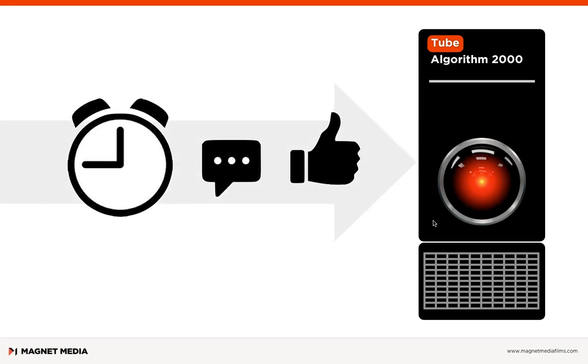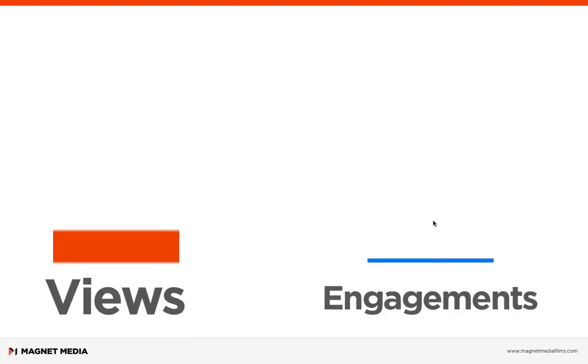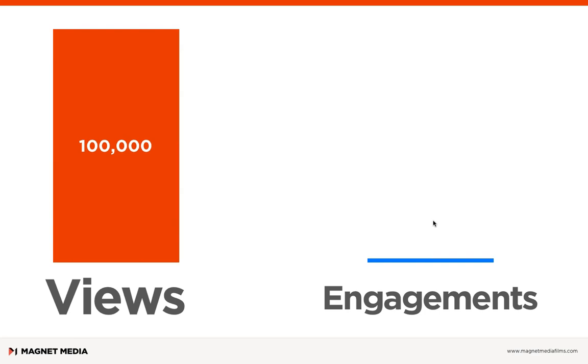So now with these things incorporated into the algorithm, it makes some of these lower quality or fake views a lot easier to spot. Because now you can really see a video that has a lot of views, but perhaps a small amount of engagement. It's easy to spot these videos and, of course, not rank them as well in the important areas of YouTube.